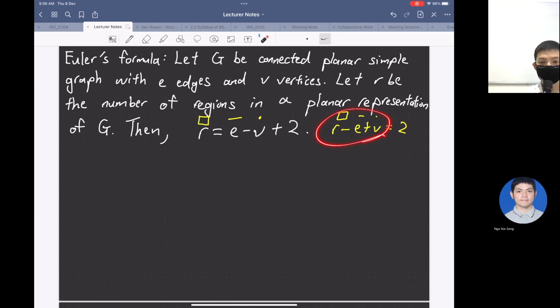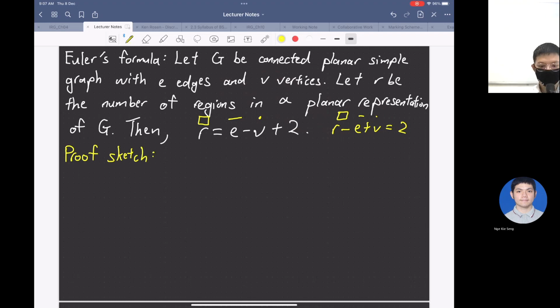This is not a coincidence. You can imagine that you can keep going, minus plus, and get higher dimensional objects. But anyway, let's see how this theorem comes about.